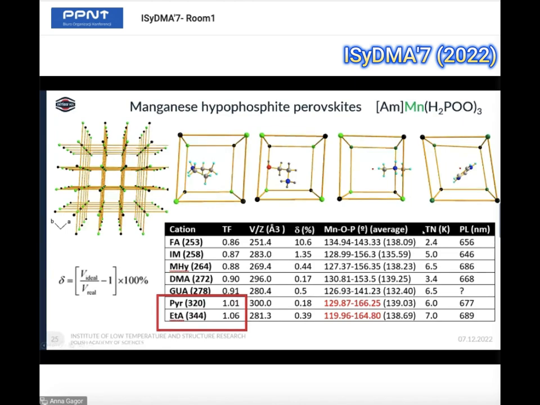All of these manganese crystals have a phase transition to the antiferromagnetic phase and have red photoluminescence. So, another look at the crystal structure of the manganese hypophosphates, we can see the ordered state.